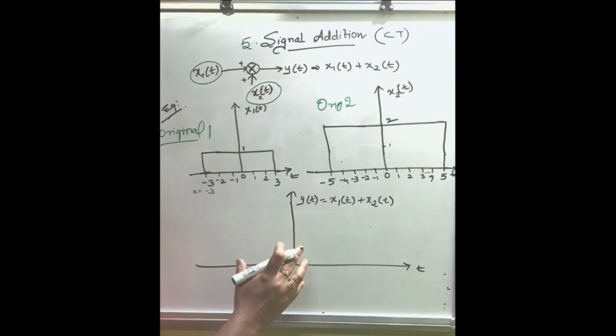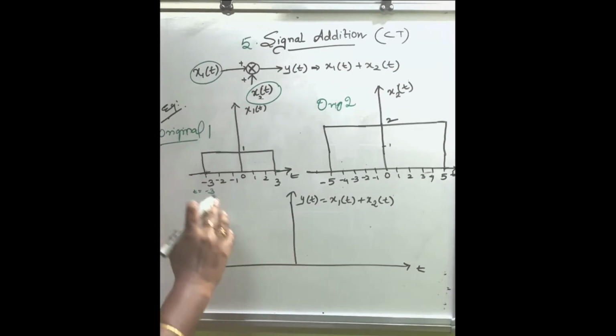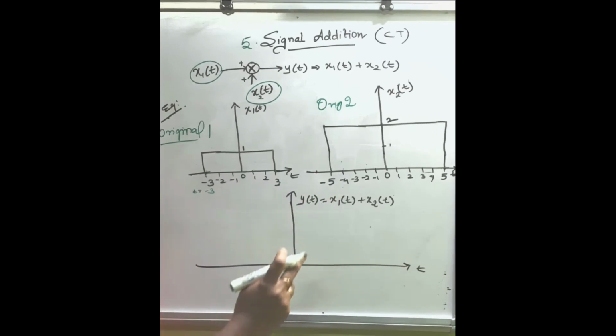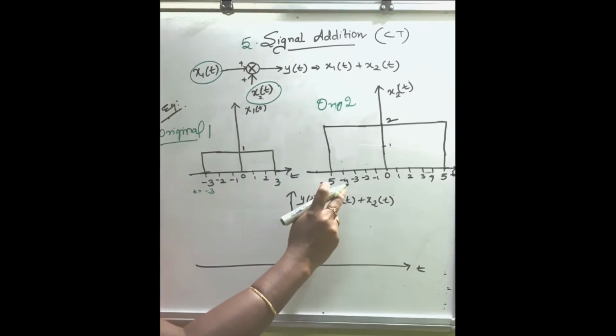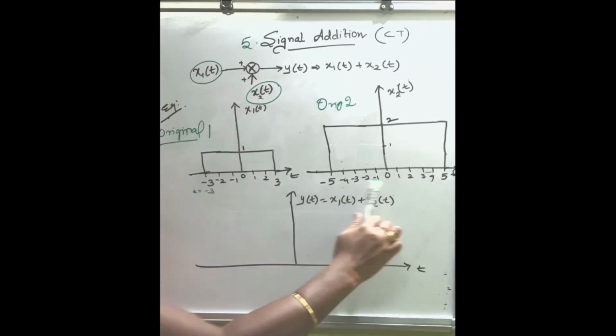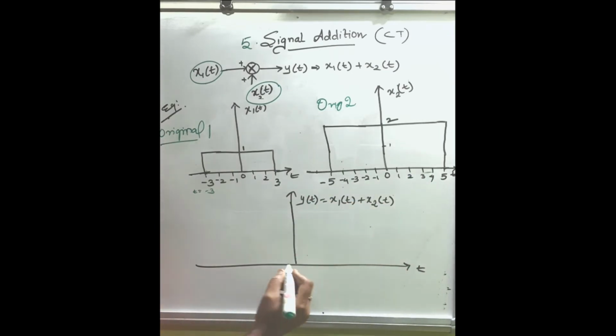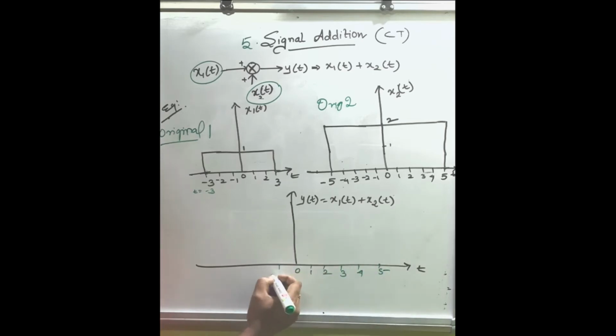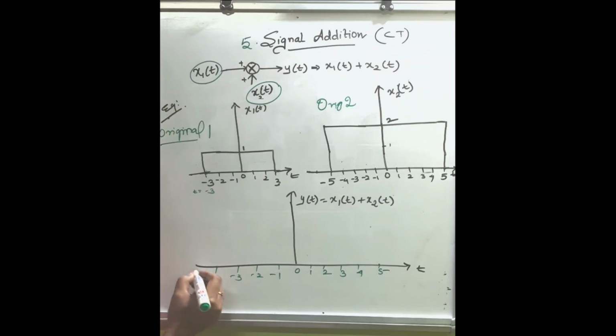Before starting, we have to see which signal has a higher time period, and please note that down. Now if you see, the second signal has a higher time period. Note that down. So 0, 1, 2, 3, 4, 5, -1, -2, -3, -4 and -5.